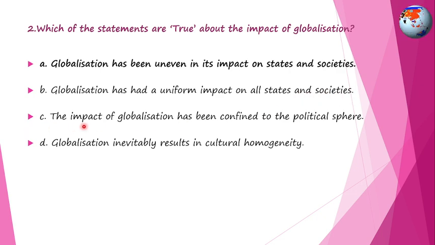The third is, the impact of globalization has been confined to the political sphere only. And the fourth, globalization inevitably results in cultural homogeneity. These are the four statements. Among these, the first is the correct answer. I have highlighted it: globalization has been uneven in its impact on states and societies.